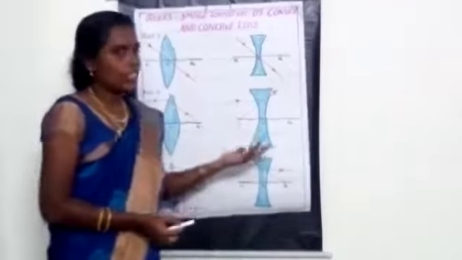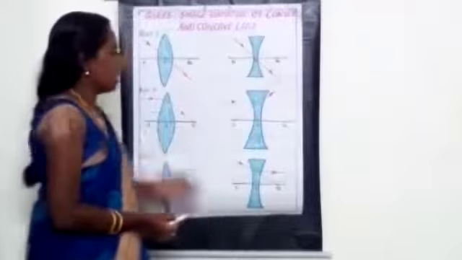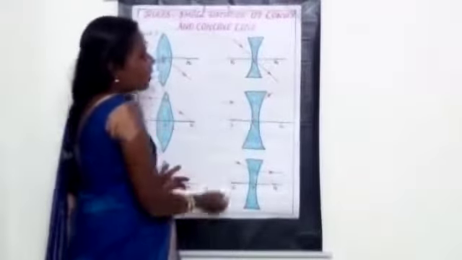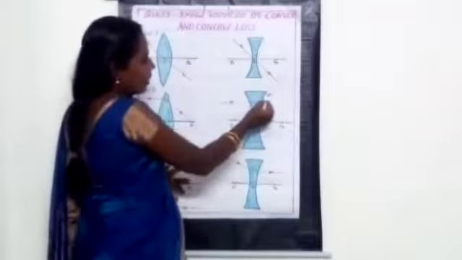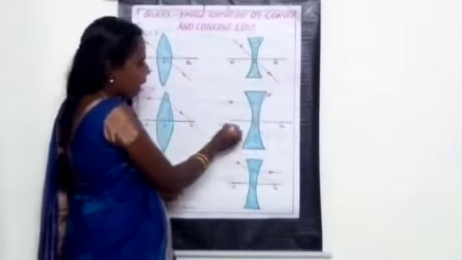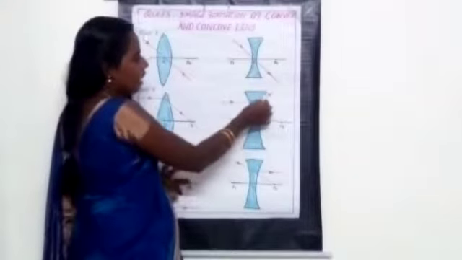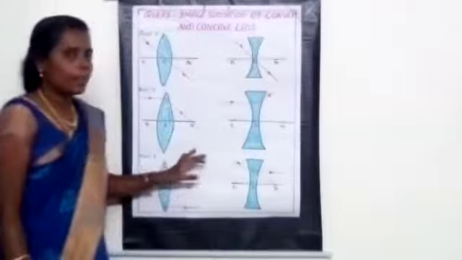It is a diverging lens; we already studied that the concave lens is a diverging lens. So when the ray of light passes through the concave lens, see here, this is the refracted ray. After refraction, it will diverge, and traced back it will meet at the principal focus.